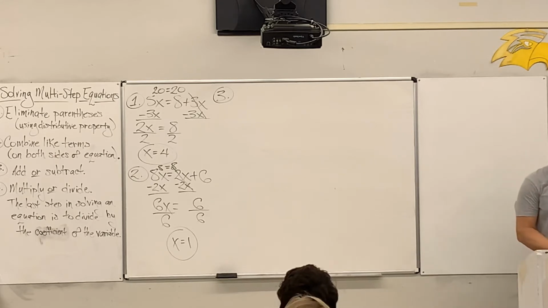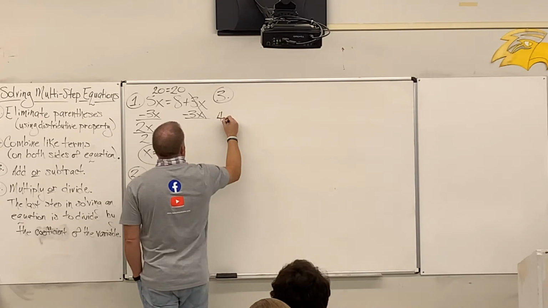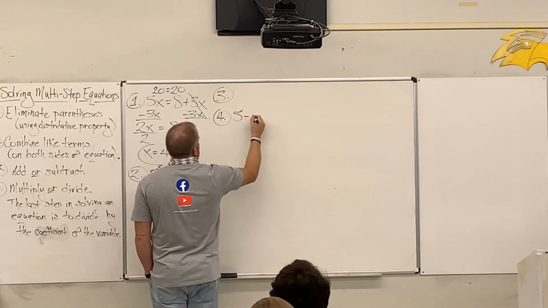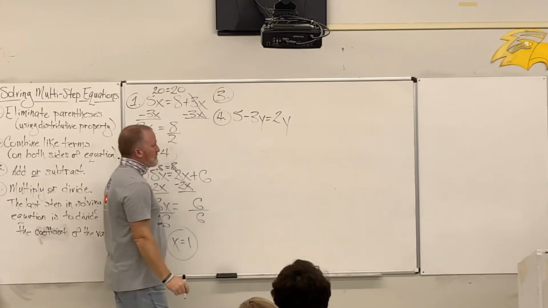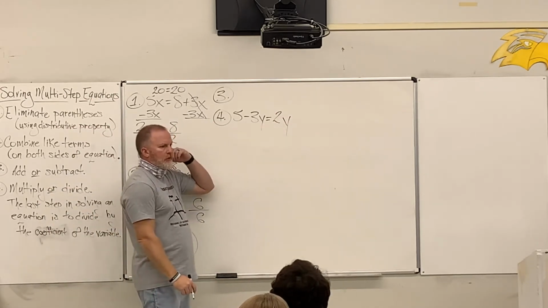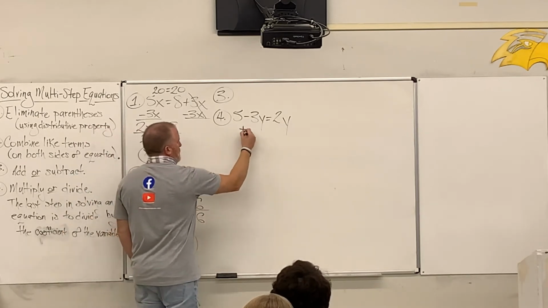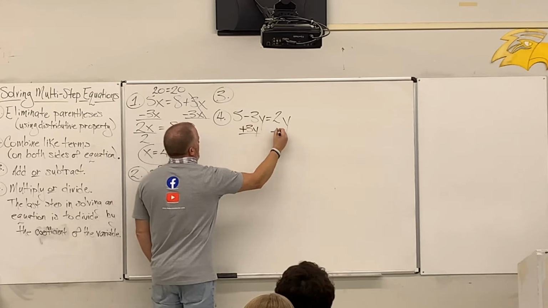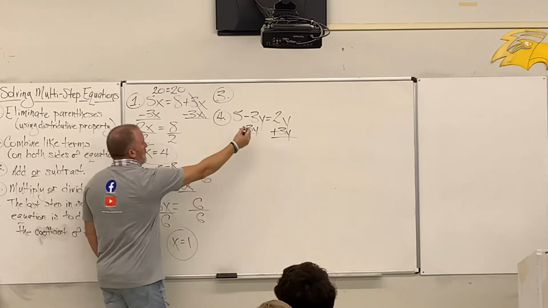Let's skip 3 and go to 4. 5 minus 3y is equal to 2y. Alright, now this is a little bit different because we've got the variable already by itself on the right hand side. So we can take the 3y over. So we'll add 3y to both sides. Cancels out here.